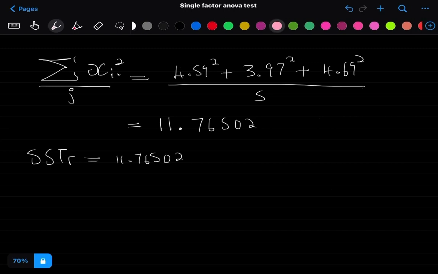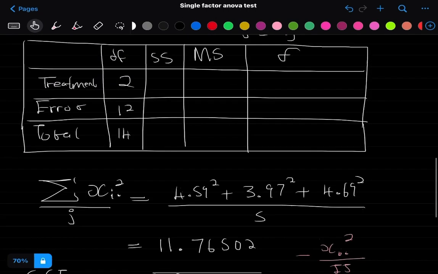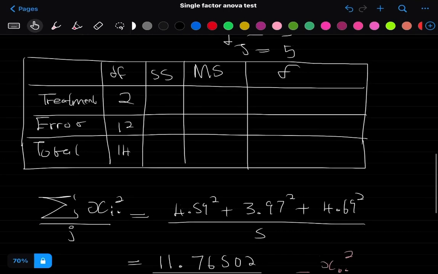Note that we subtract this with the grand total squared divided by IJ, right? So now grand total is given as 13.25 and our I is 3 and our J is 5.